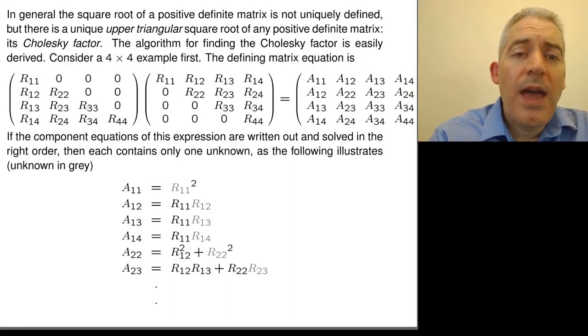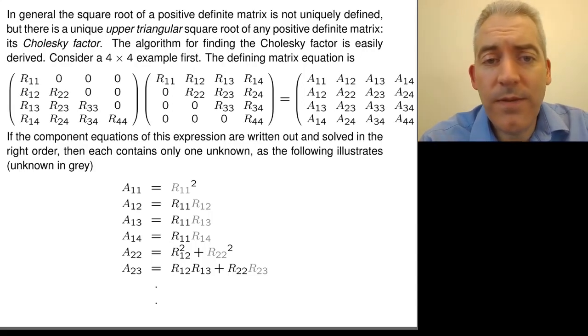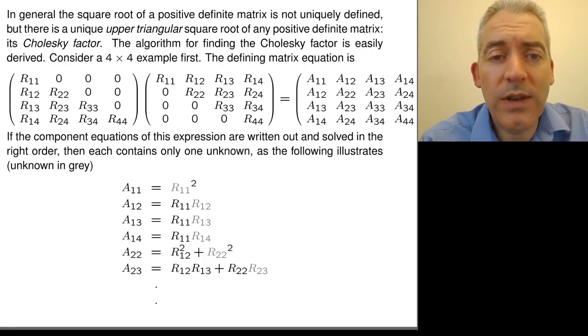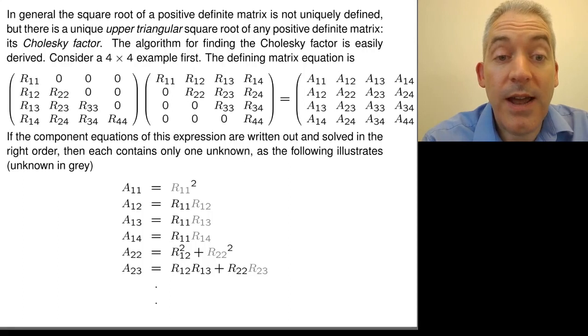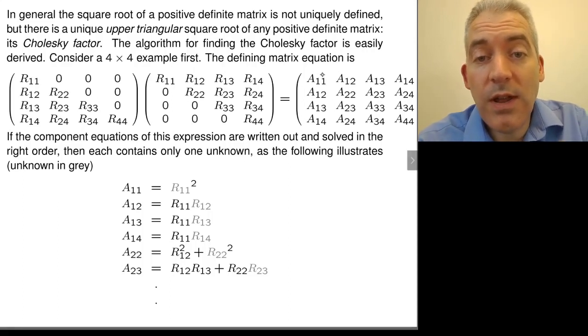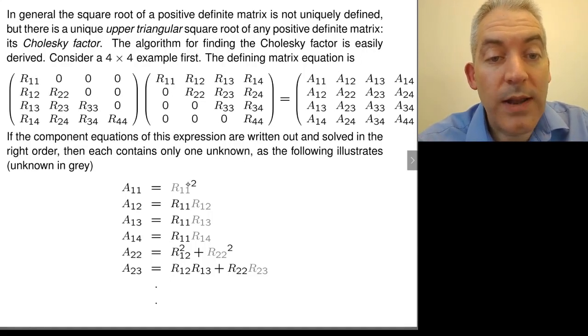Okay, so how can you solve this system, right? We've got the right number of equations, so can we solve this or not? Well, it turns out we can. We just try it one equation at a time. We focus first on the first element of the output, A11, and we say, well, how do we get A11? Well, it's just R11 squared, okay?